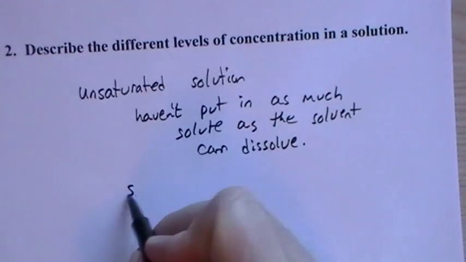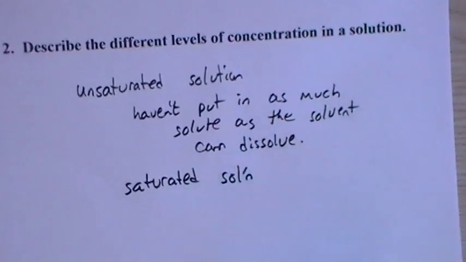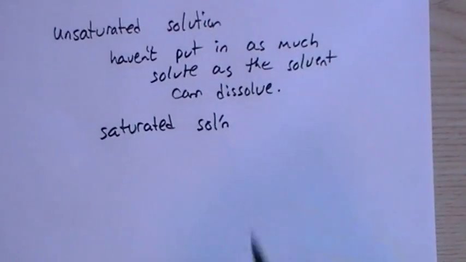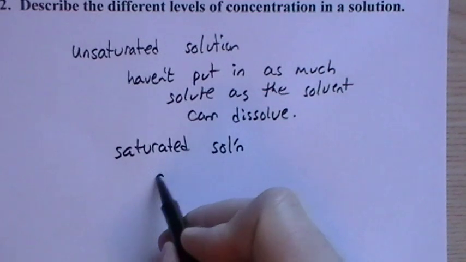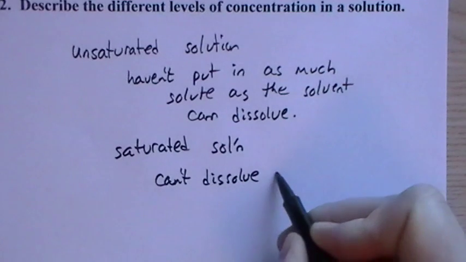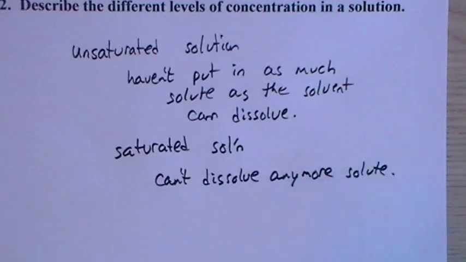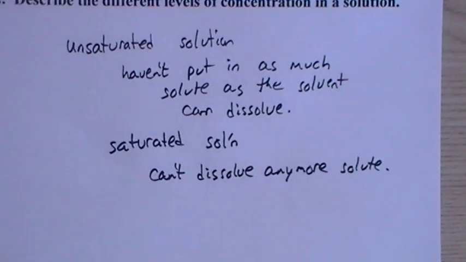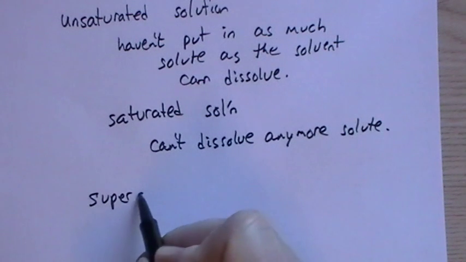And a saturated solution, and solution can be written as sol apostrophe n, can't dissolve any more solute. That's the maximum that we can have. Now there's another type called supersaturated.